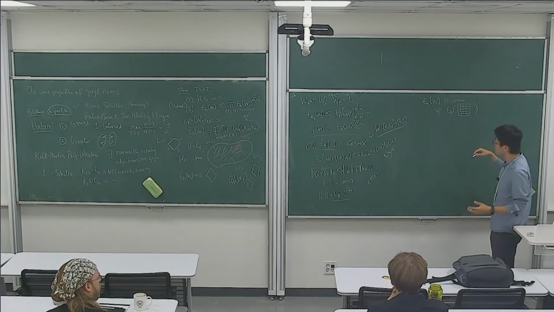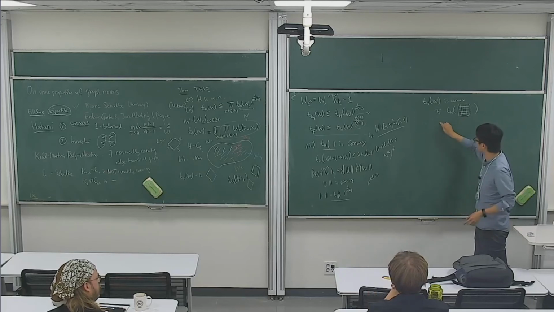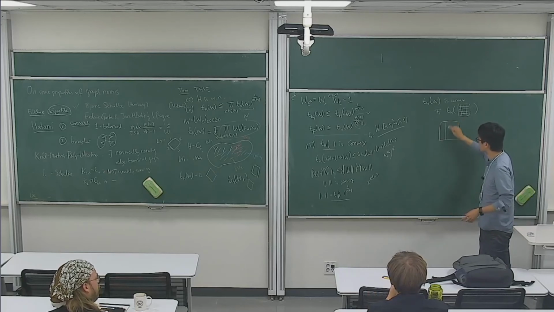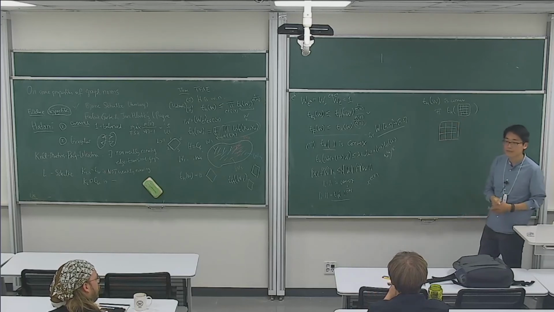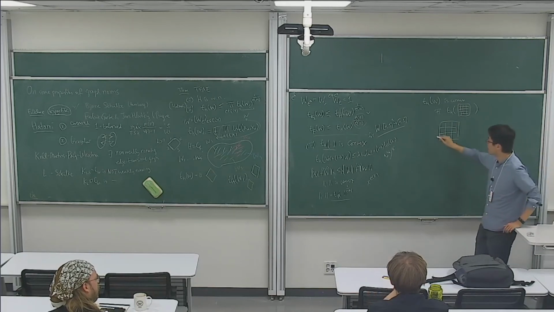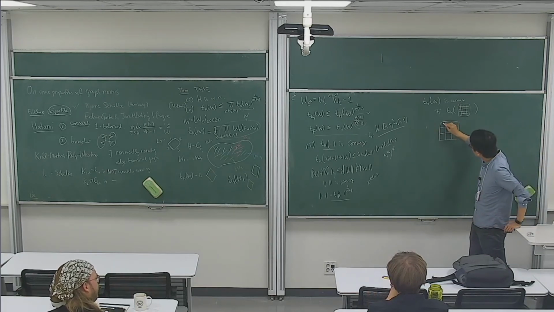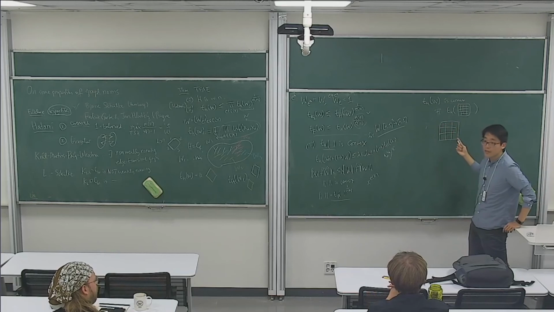So what I'm going to do is consider a 3 by 3 matrix. If I assign some variables, this is a symmetric matrix because I'm considering symmetric functions.